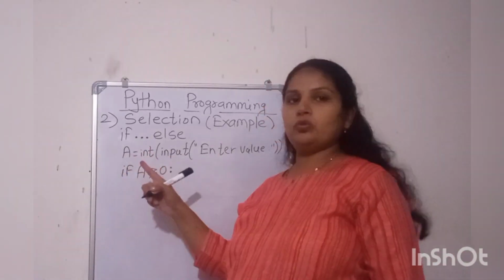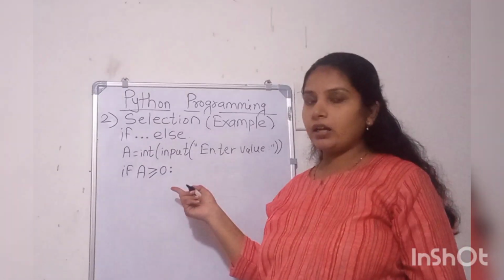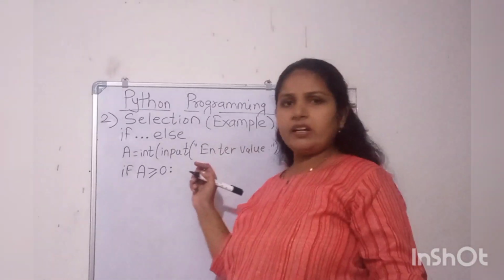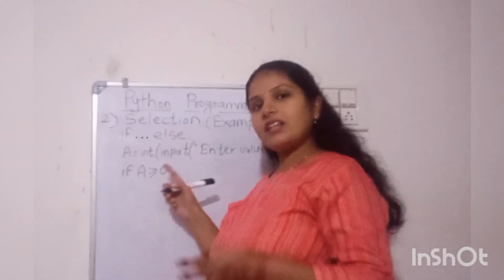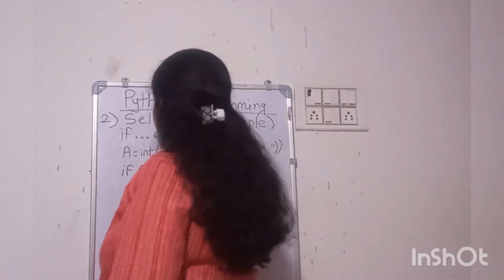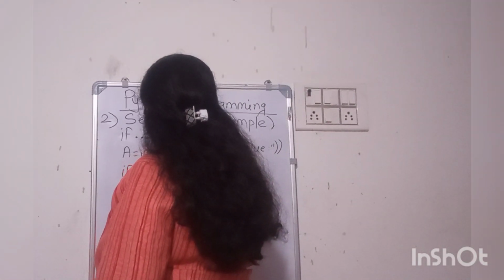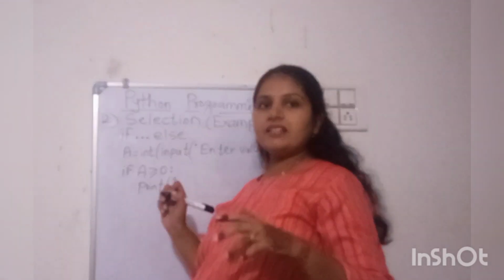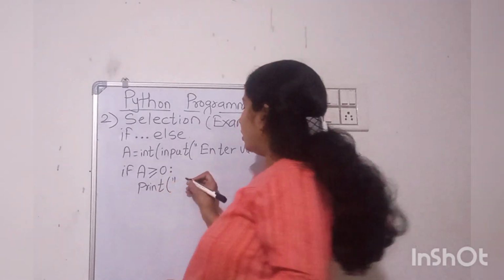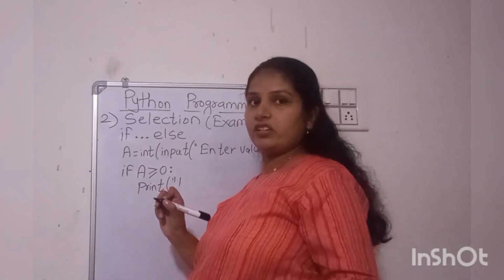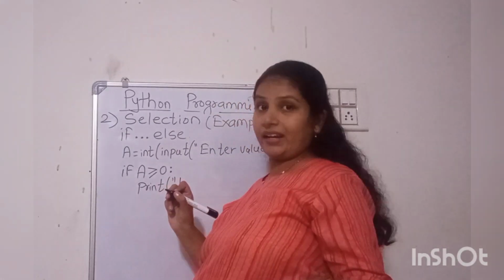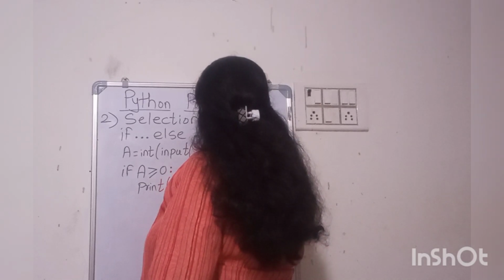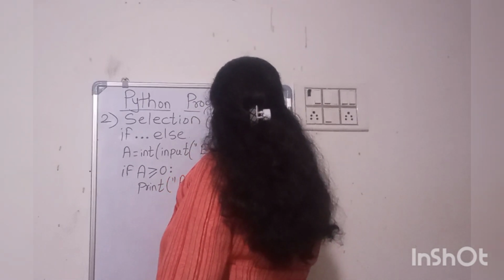I don't have the A value right now, I am taking it at the time of execution. Whichever it is, if A is greater than or equal to 0, then I display the message print: A is 0 or positive number. If A is greater than or equal to 0, A must be a positive integer value or it could be 0 also.